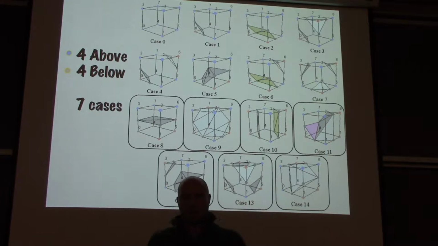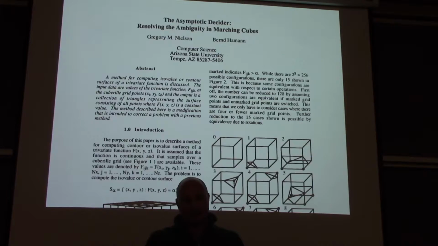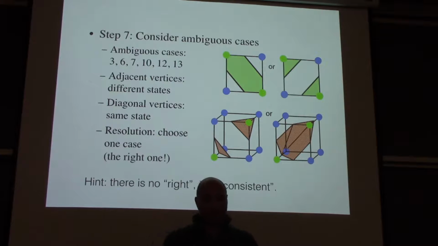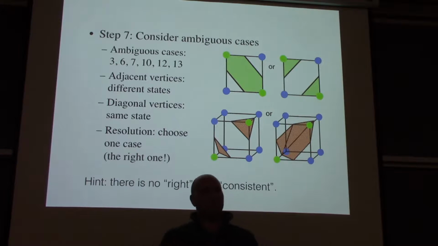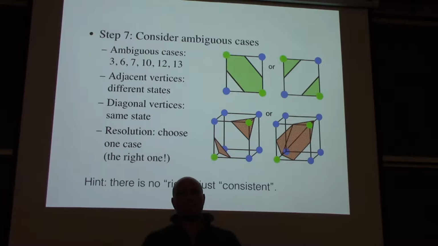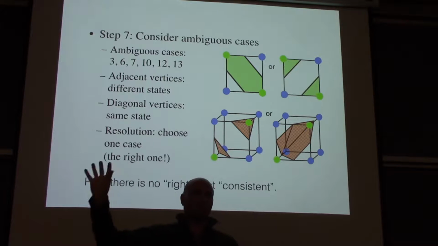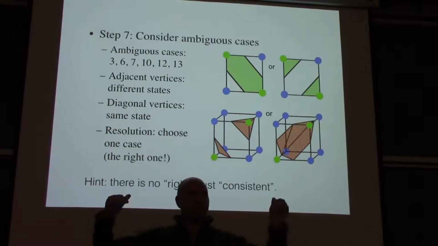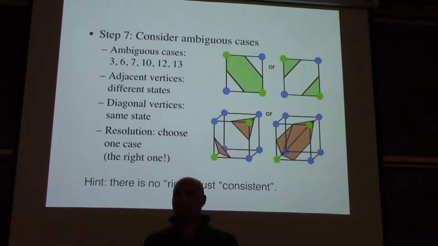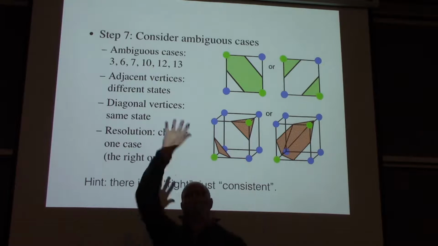You can go out this way. The problem here is that there's a saddle somewhere in the cell that you're looking at, somewhere inside the voxel, and you don't know exactly where it is, and you need to know something sort of globally about the rest of your scalar field to be able to make a decision of where you think the isosurface is going. Sort of if it's left, up, or out.